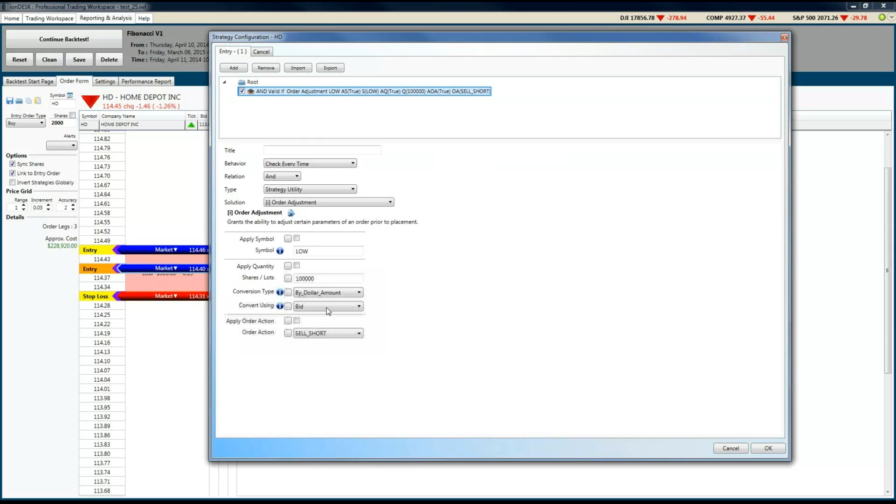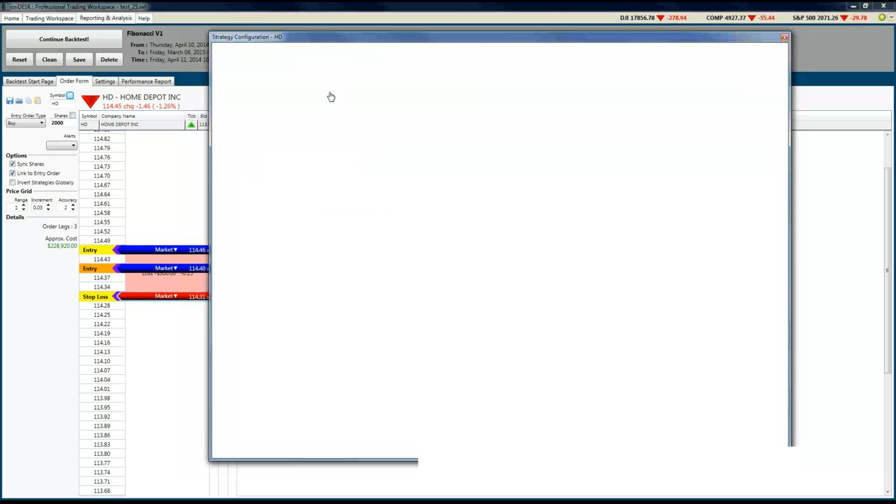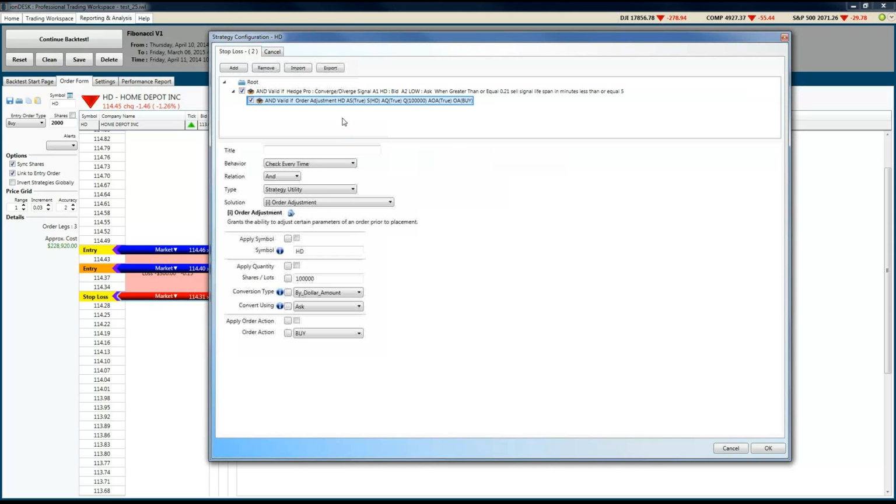Yeah. Sell short. Looks fine. Check this. Order adjustment. No, we don't need to order. I'm sorry. Here's what's wrong.